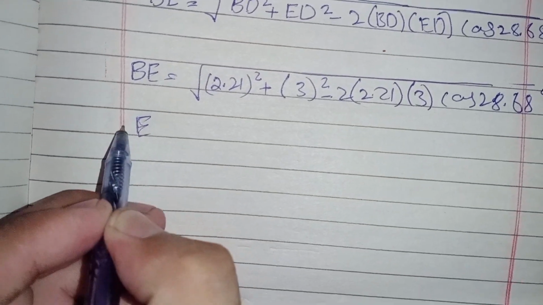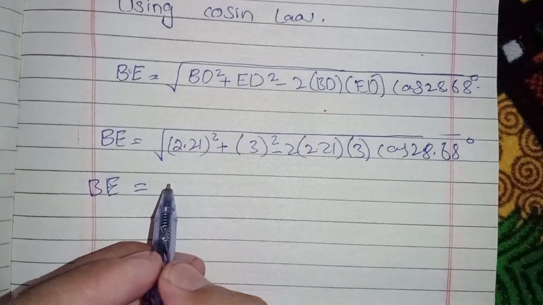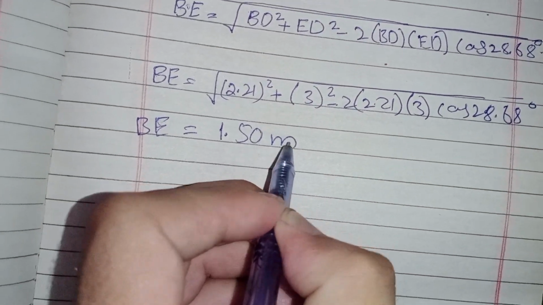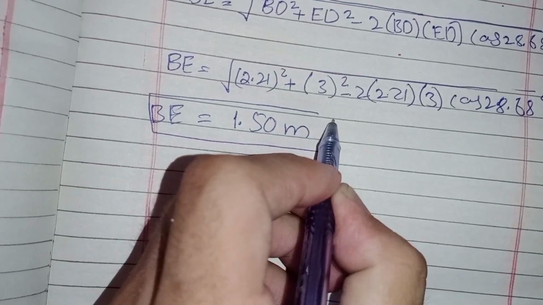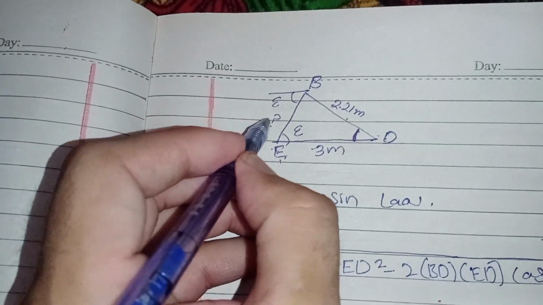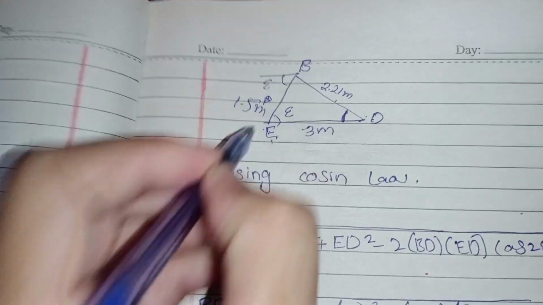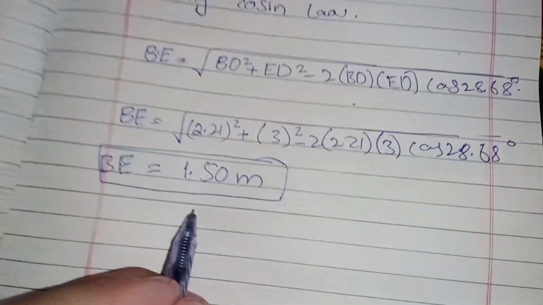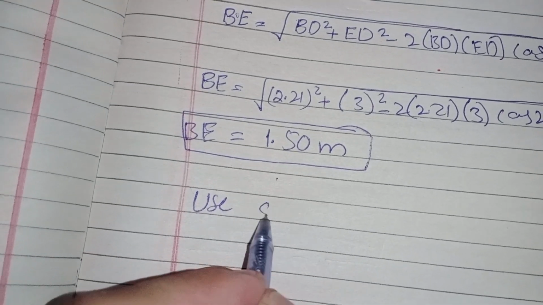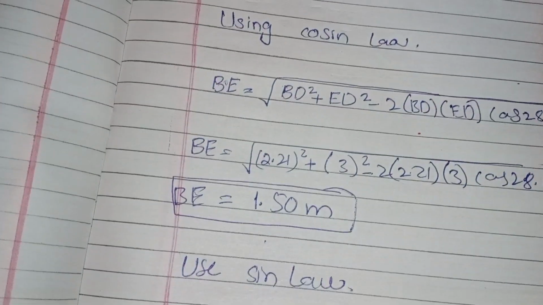So BE will equal 1.50 meter. So with the use of this length, we found this length 1.5 meter. With the use of this length we can use sine law to find this Z angle.